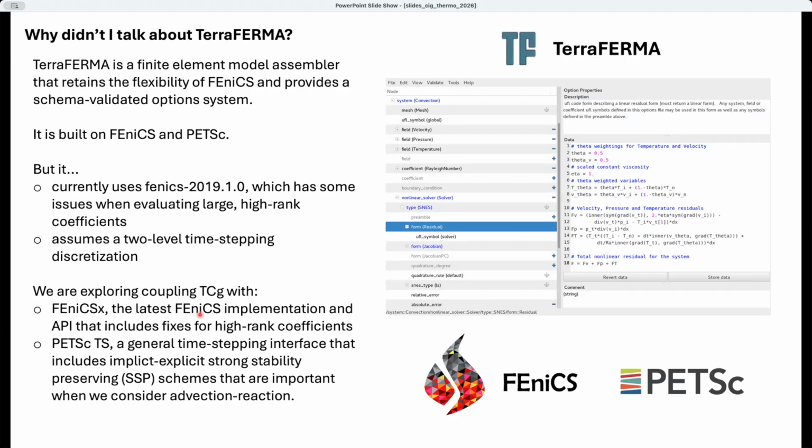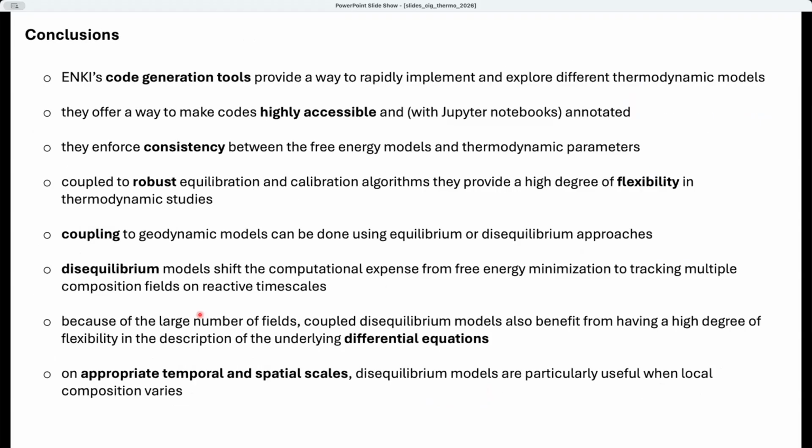They're not so important for the examples I showed today, but we're also looking at advection reaction problems in our geodynamic models, and they become particularly important when considering the boundedness of our solutions in the geodynamic problems there.